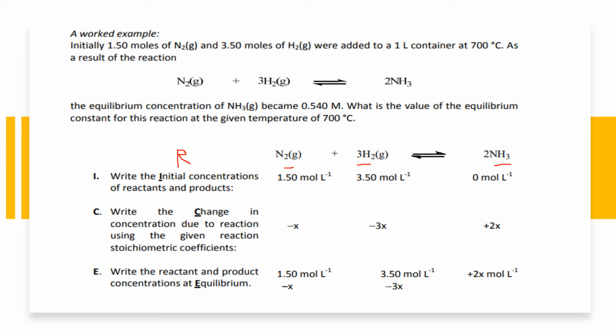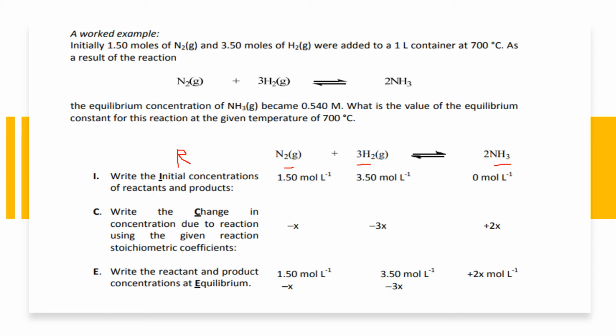So in the RICE table we write the initial concentration of reactants and product, which was 1.5 mole per liter for N2, 3.5 mole per liter for H2, and 0 for 2NH3 because they haven't given you any initial concentration for NH3.